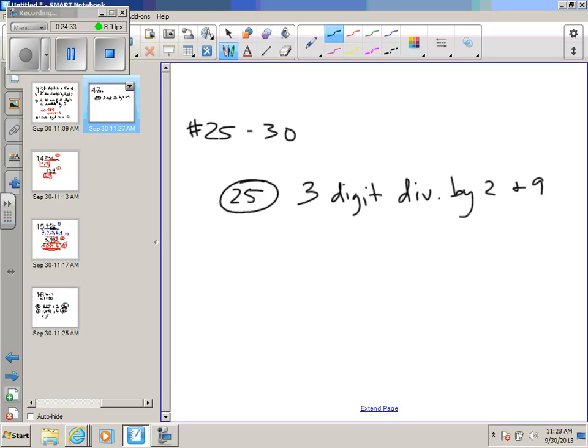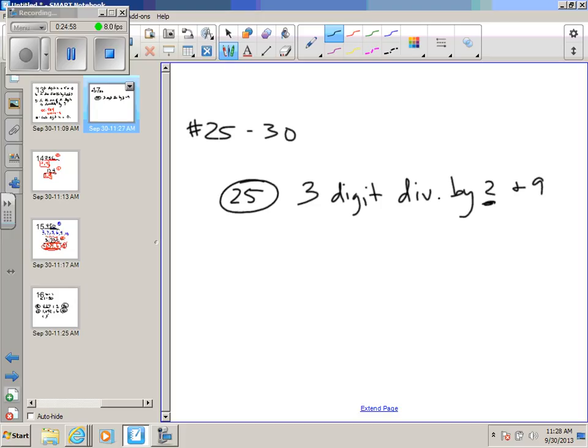Okay, so you need to come up with your own number that's divisible by 2 and 9. Now, it might be divisible by more than just 2 and 9, okay, but you need to come up with one. So first of all, I need to make sure that this number is what? So what kind of number am I going to have to make it? Even? Someone said even. Good.